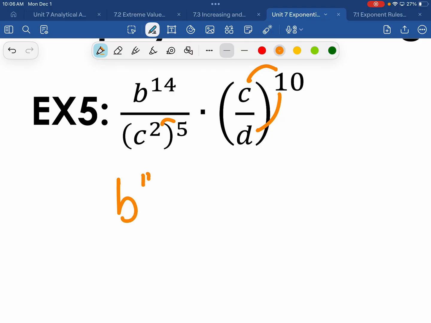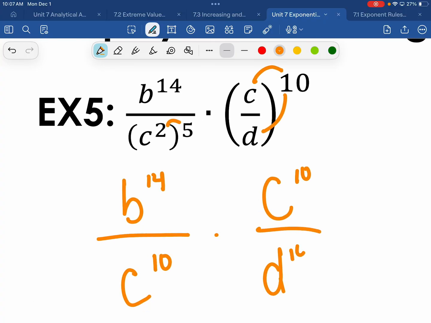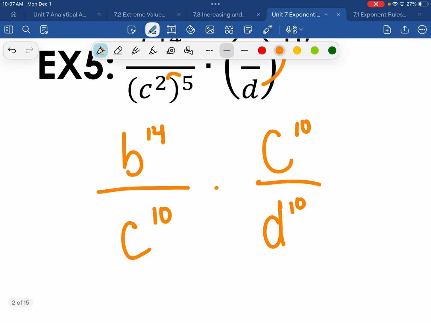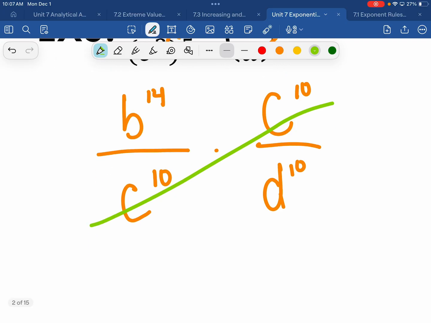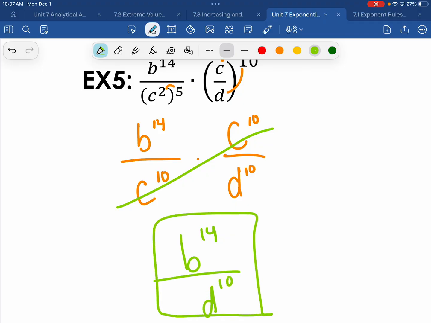So I have b to the 14th, c to the 10 over d to the 10. These guys will cancel out because you have a c to the 10 on top and a c to the 10 on bottom. So they will simplify and reduce and you can cross them off. And so on top I'm left with b to the 14th, and on bottom, d to the 10th. Can you do anything with those? Nope. So that is your final answer.